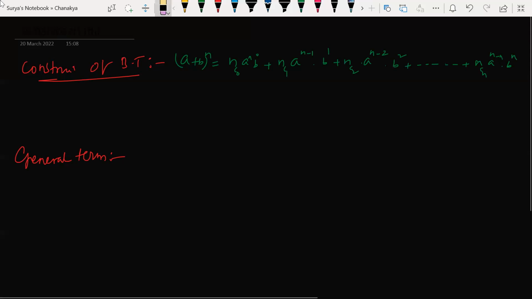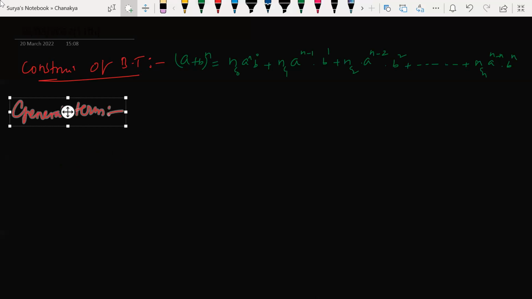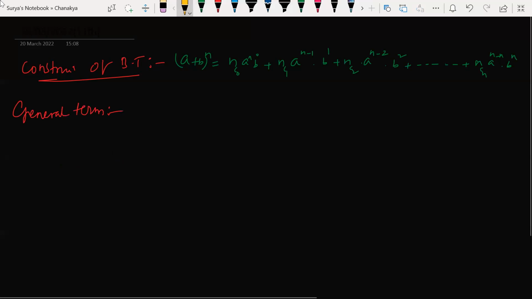So yesterday we learned this. Now by using this we'll be writing the general term. So basically, how can we write the general term? The general term is a very simple term. Very important.